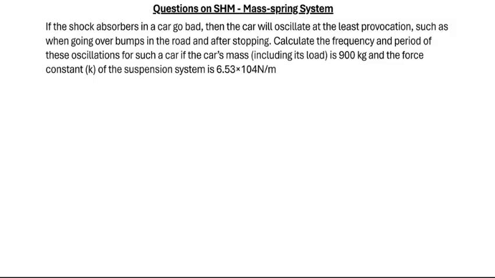For this next question, they said if the shock absorbers in a car go bad, then the car will oscillate at the least provocation, such as when going over bumps in the road after stopping. Calculate the frequency and period of this oscillation for such a car if the car's mass, including its load, is 900 kg and the force constant K of the suspension system is this.